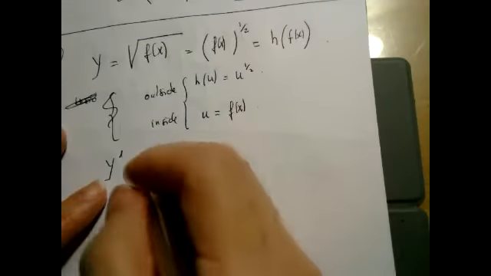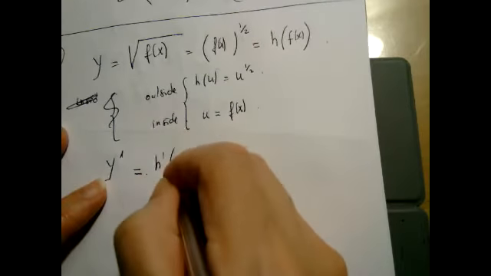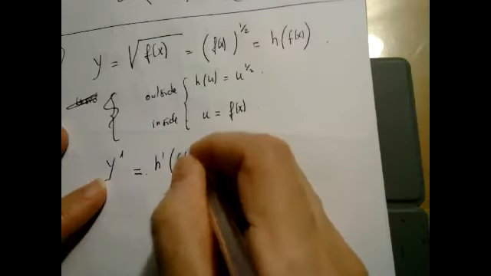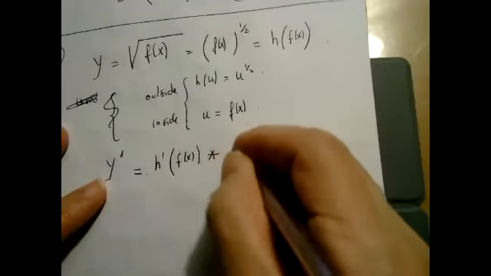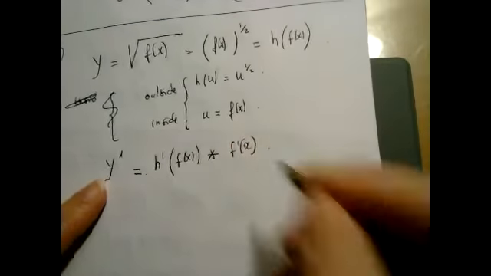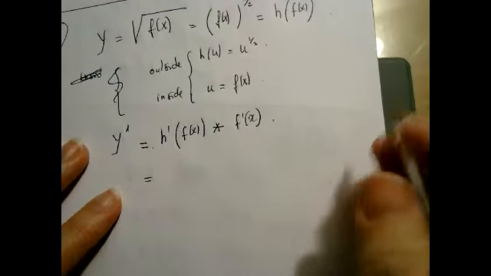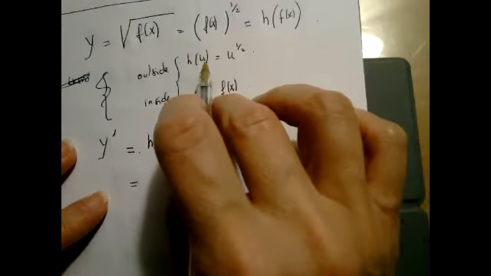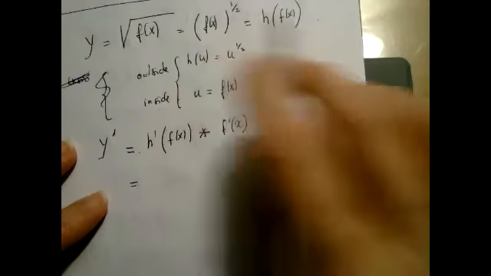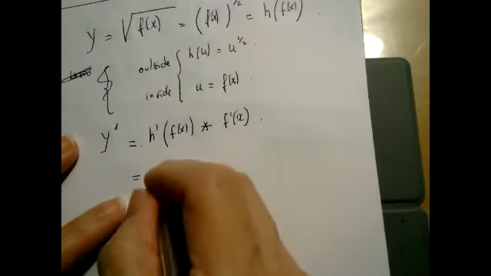Now, the derivative is h prime at f times f prime. Now, every piece by itself. What is h prime? What is h? It's u to the half. What is the derivative of u to the half?